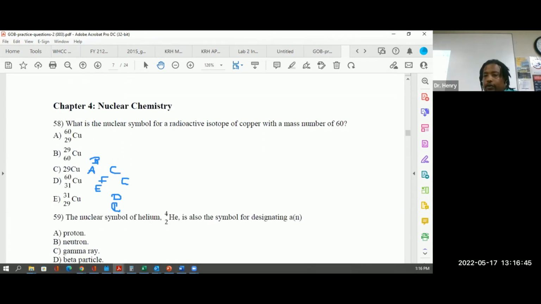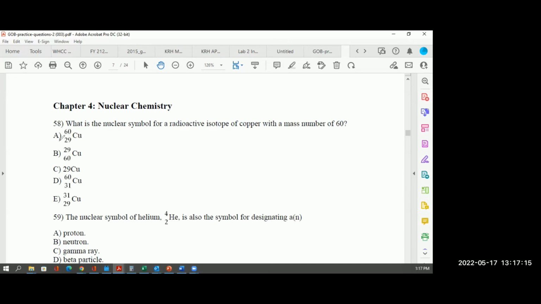Okay, so now we're going to do nuclear chemistry, the last thing that I talked about. Which of the nuclear symbols is for the radioactive isotope copper with a mass of 60? So what does that lower number have to be?